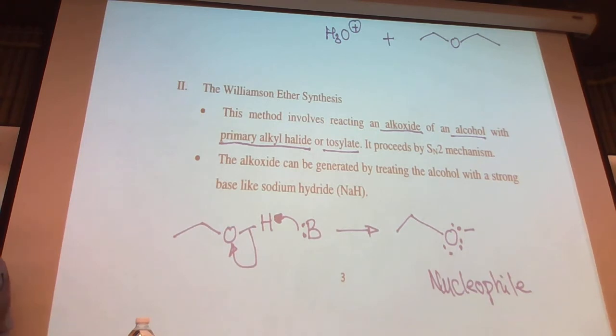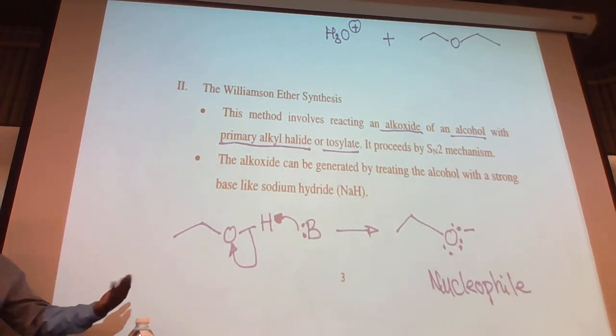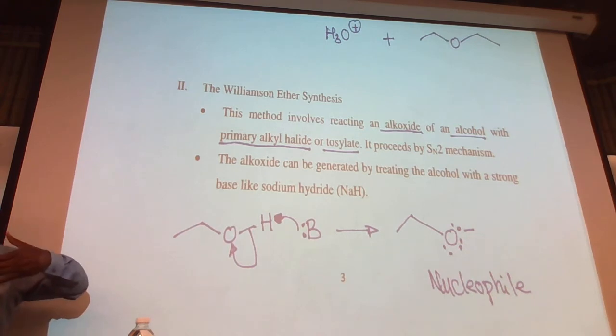Now, in Williamson ether synthesis, you always want to make sure that your alkyl halide is a primary alkyl halide. So if you want to make an ether that has one side as secondary or tertiary and the other side as primary, remember, it's two alkyl groups that bond to the oxygen.